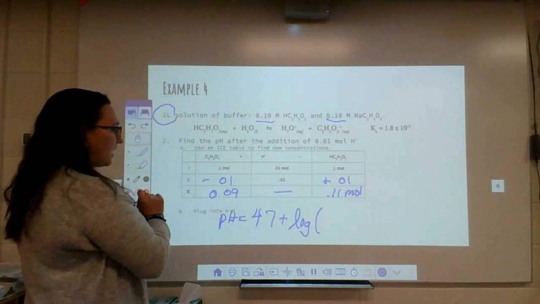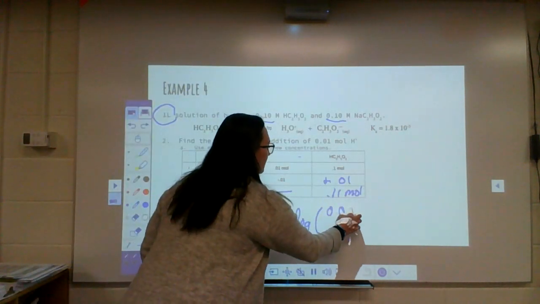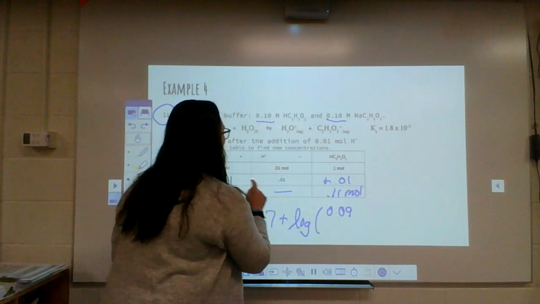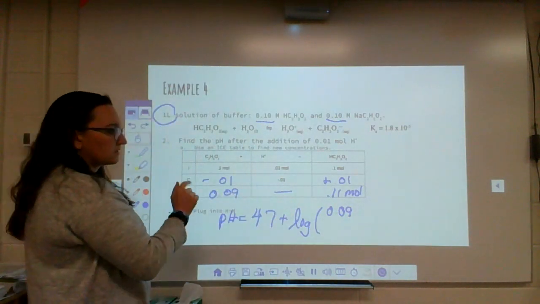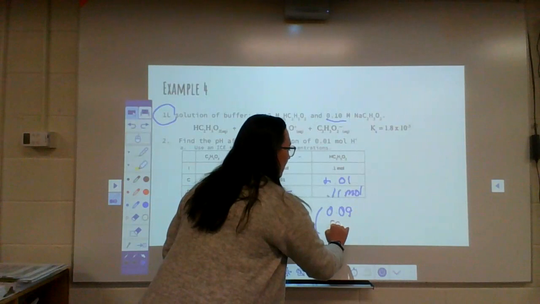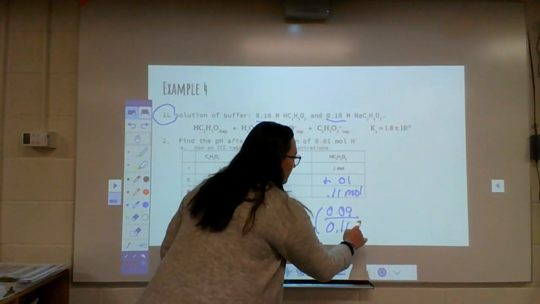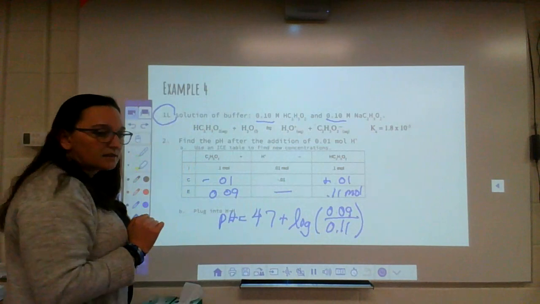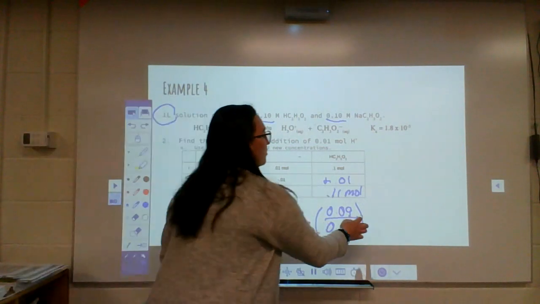So this is my conjugate base, 0.09. And I can use the value for the moles because, again, it was in a 1 liter solution, so this is my molarity as well. Divided by 0.11. And plugging this into my calculator, I will find that the pH is now 4.6.